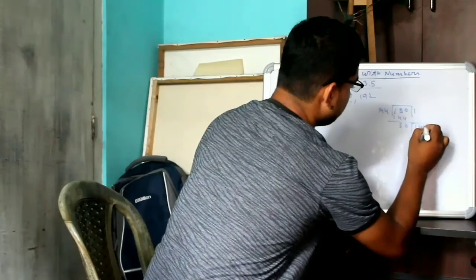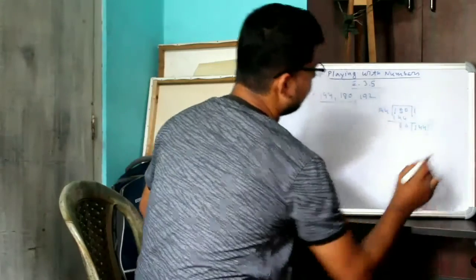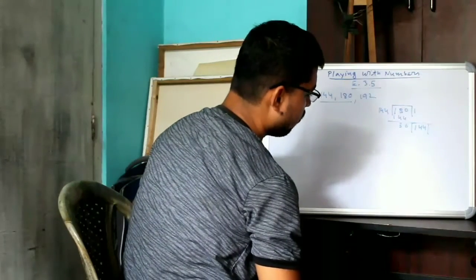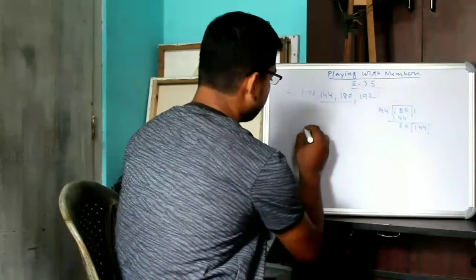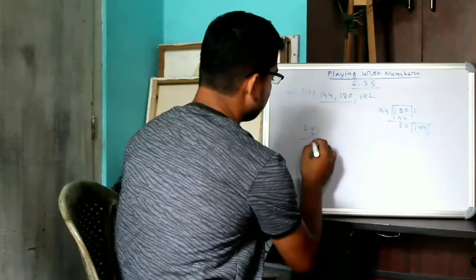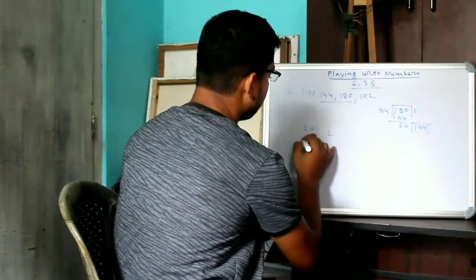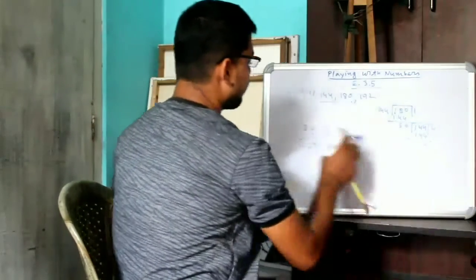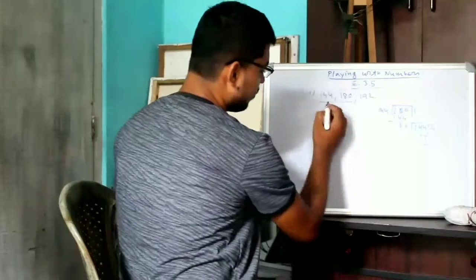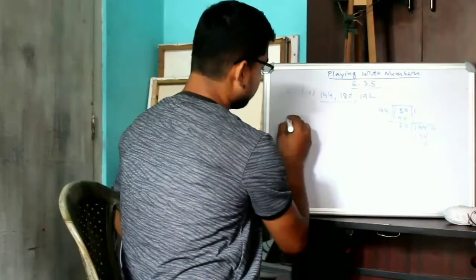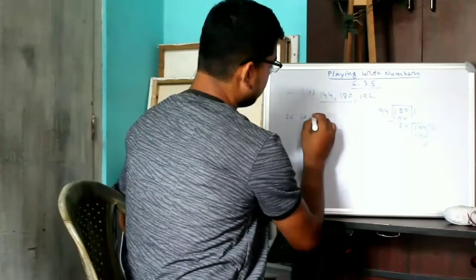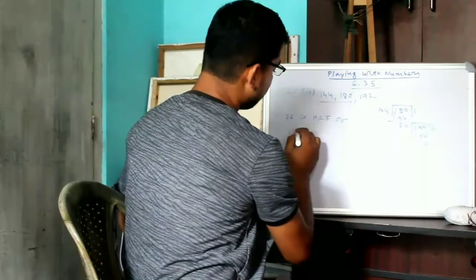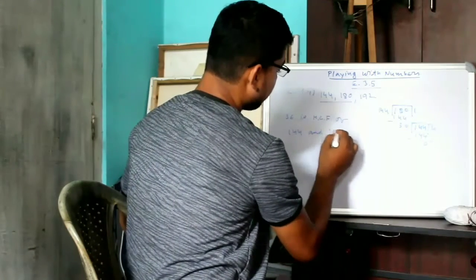Then 144 divided by 36: 4 times 36 is 144, remainder 0. So 36 is the HCF of 144 and 180.